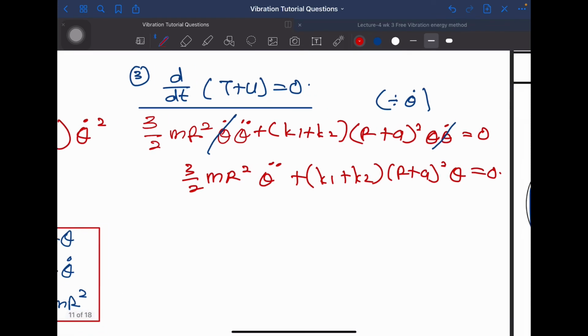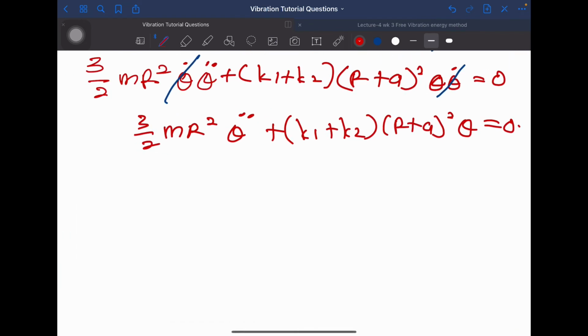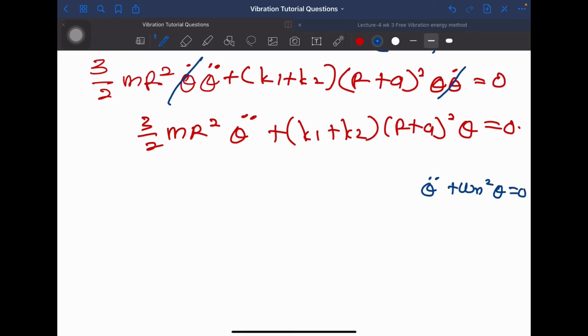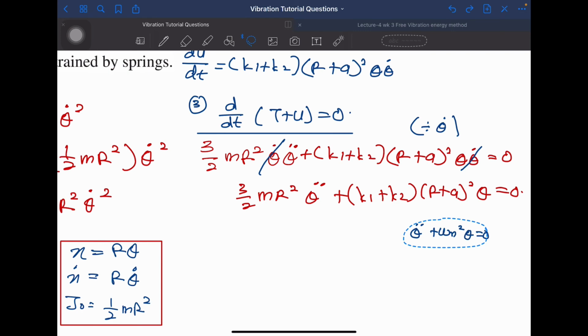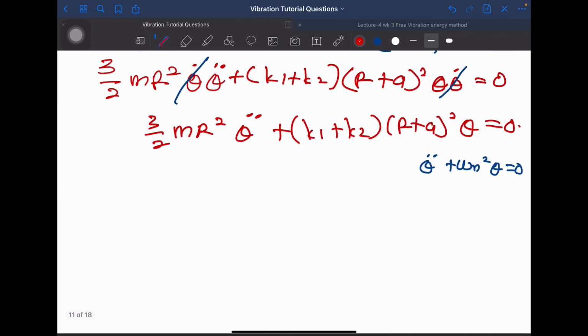Then since I want to make this into an equation of motion, the equation of motion will be theta double dot plus omega n squared theta equals 0. This is the equation of motion. So what I have to do is make theta double dot alone.